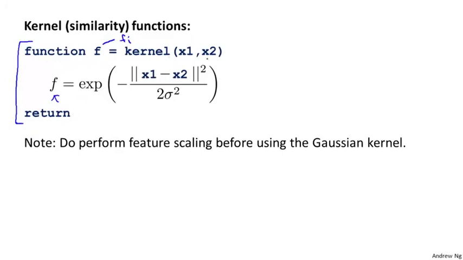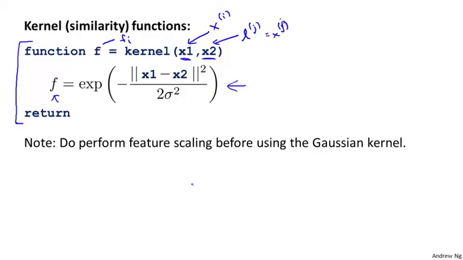But what you need to do is write a kernel function that takes as input a training example or a test example, whatever, some vector x, and takes as input one of the landmarks. I'm calling them x1 and x2 here because the landmarks are really training examples as well. But what you need to do is write software that takes as input x1, x2, computes this sort of similarity function between them and returns a real number.